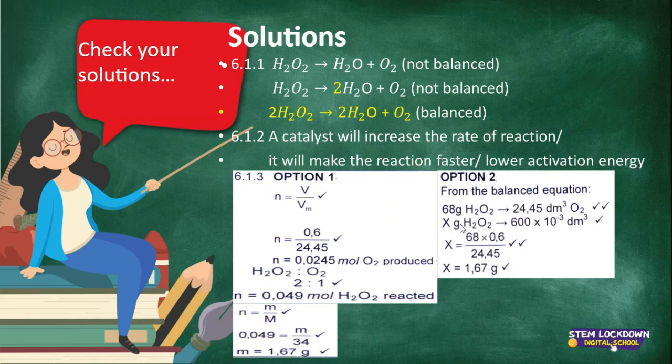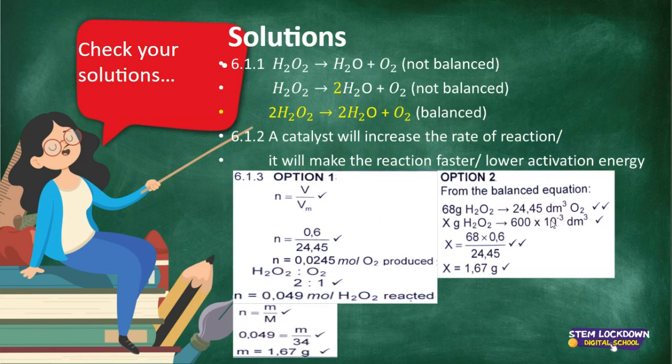Right, so if you want to know how many grams will produce this volume, you just say X here. Then you cross multiply. You know that 68 grams will produce 24.45. And you do not know how many grams will give you 0.6. That is 600 times 10 to the power minus 3, because this was 600 cubic centimeters, and you are converting it to a cubic decimeter.